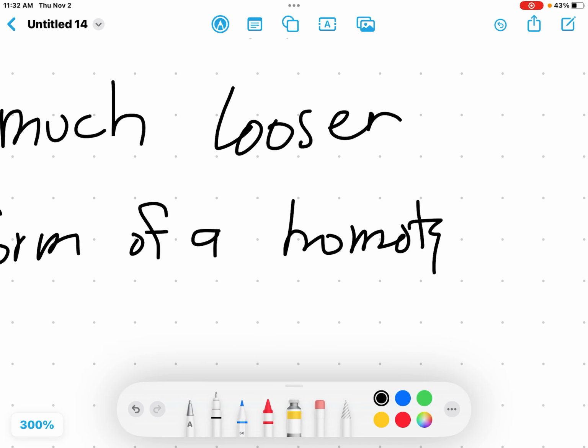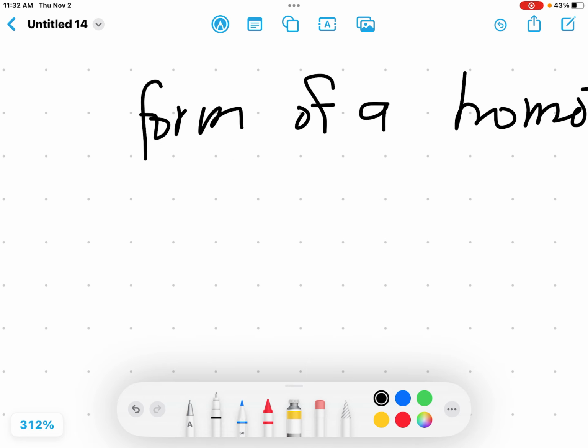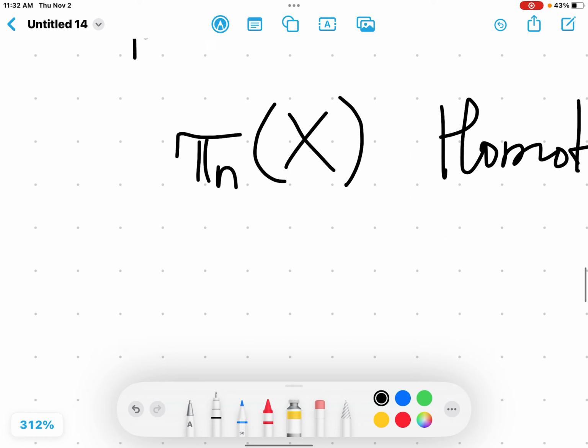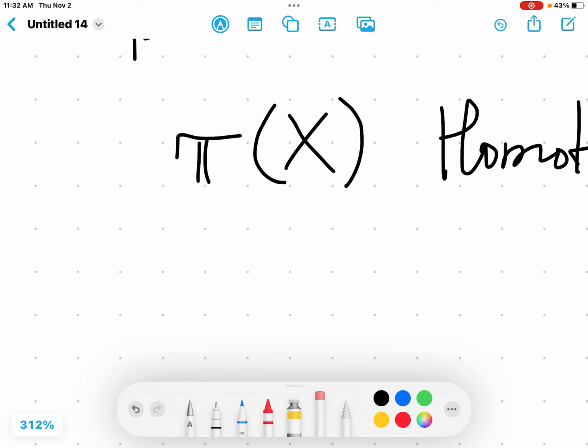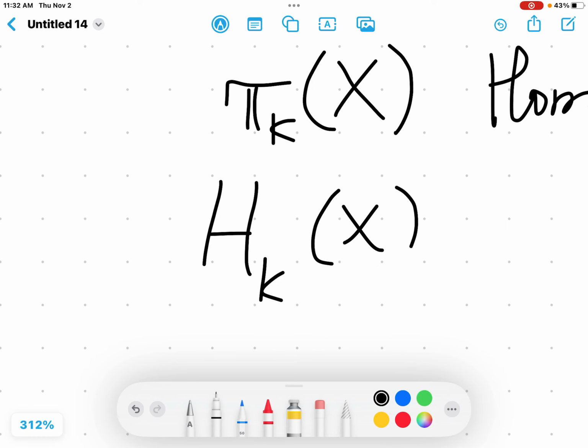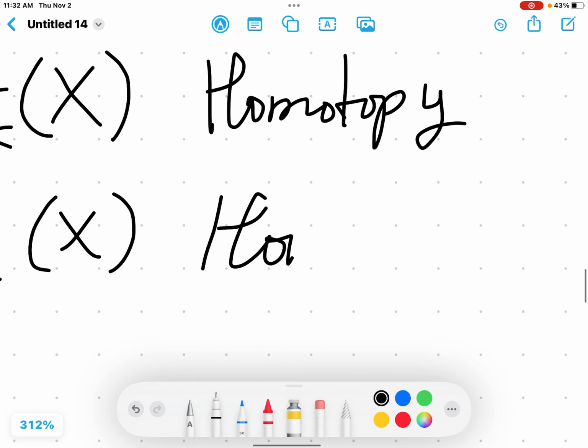So if pi n of x, for a given space, is our homotopy group, so n equals 1, no, I'm gonna use k. k equals 1 is our fundamental group. H k of x is our homology groups.